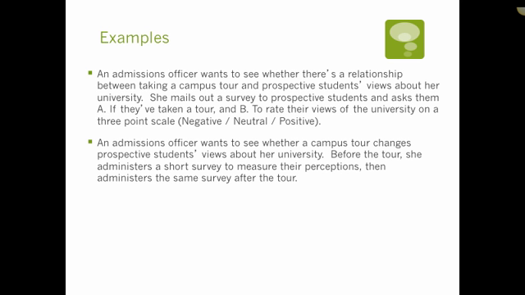The admissions officer actually does want to know whether there's a causal relationship, whether the campus tour is the actual thing that changes students' views about the university. But the problem is that she doesn't have a control group. She hasn't split her prospective students into a treatment versus a control. Some are going to take the tour, some aren't, but she did administer a pretest.